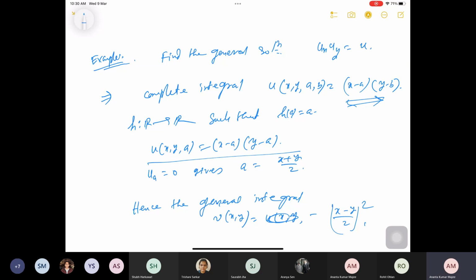For the singular integral, you have to eliminate both parameters a and b, but here I have to eliminate only one, because the other parameter is a function h, so that is in your hand. In this example, I'm considering h(a) = a, looking at how these things look.